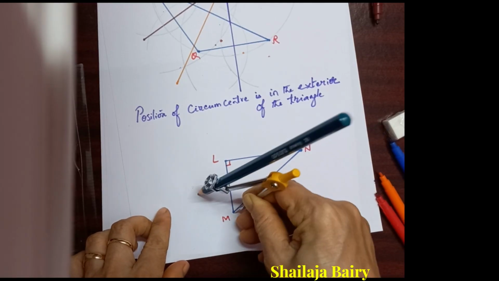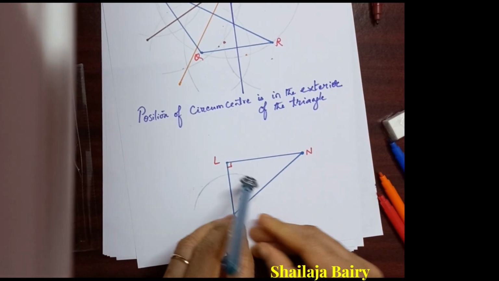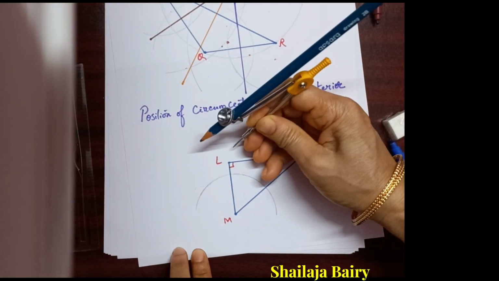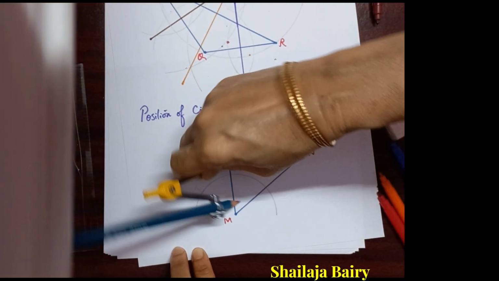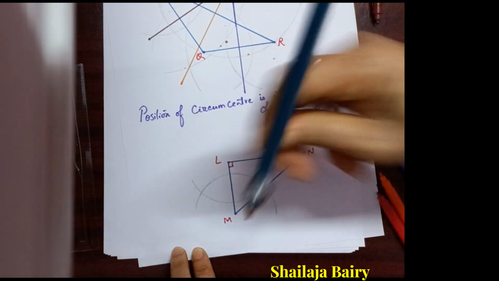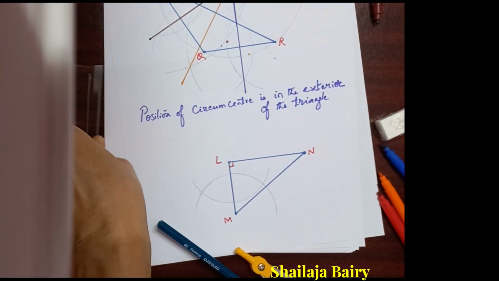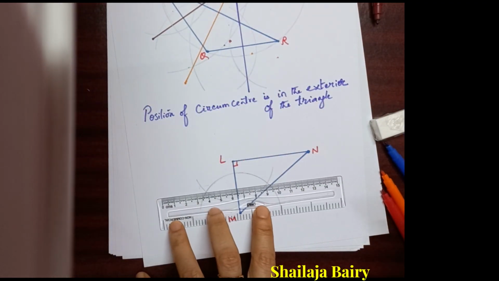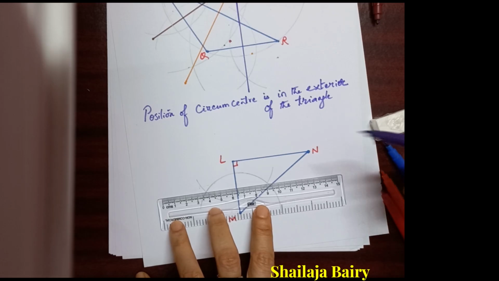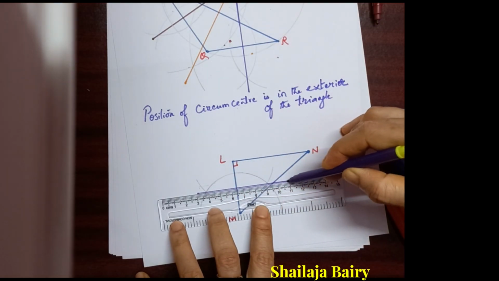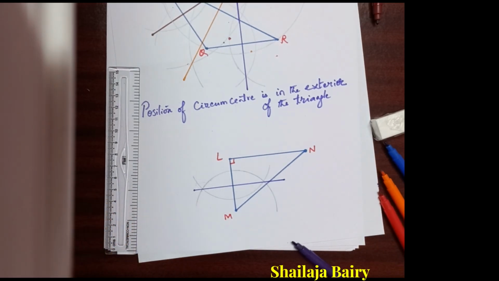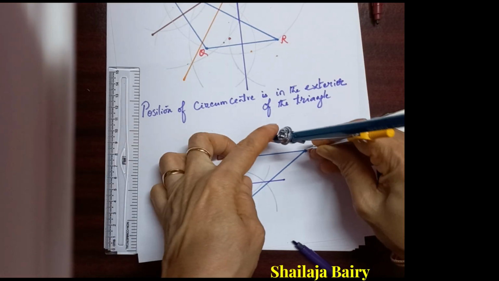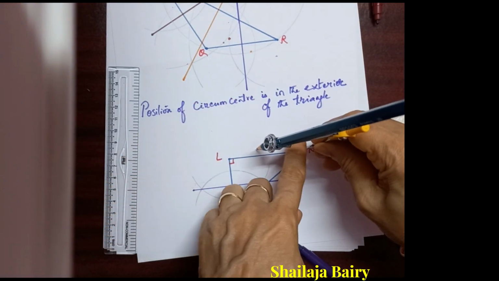More than half. So one of the bisectors is drawn. And bisecting the other side LN.